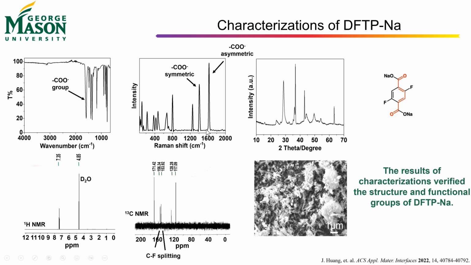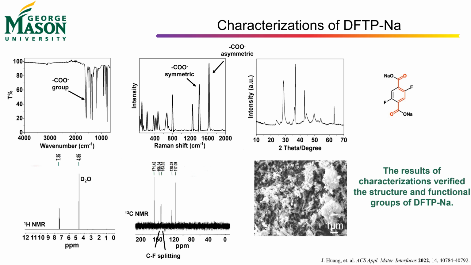From the FTIR spectra, the peak at about 1700 represents the carboxylate group, and also in the Raman spectra, the two peaks at 1400 and 1600 represent the symmetrical and asymmetrical vibrations of carboxylate carbon, which can also prove the existence of the carboxylate group in the DFTP sodium molecule.